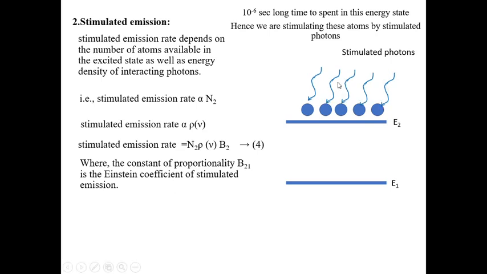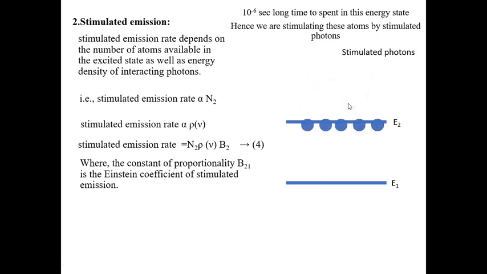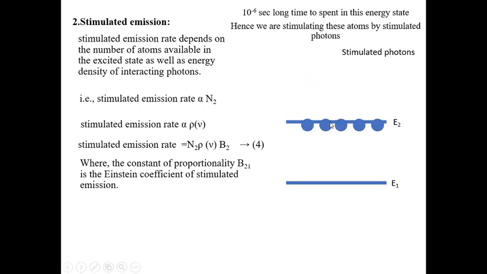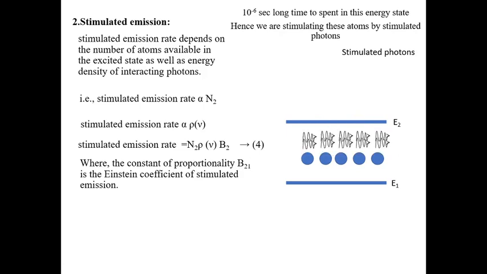Next, here you can see how it is going to be stimulated. See that photons are incident on the particles to stimulate. After that they are coming to ground state. After coming to ground state, they are emitting photons.